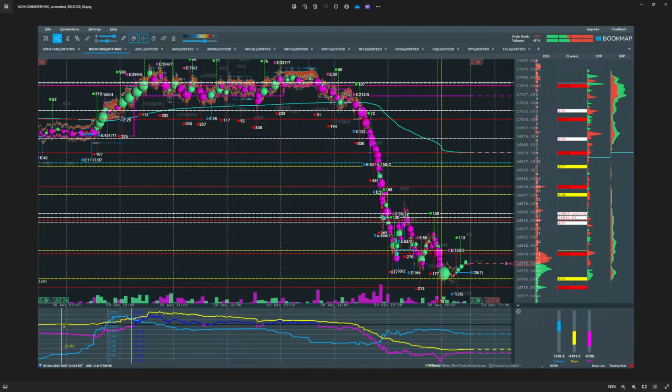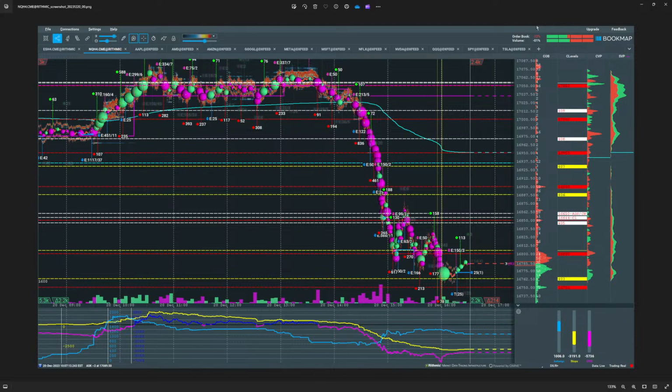All right, I also talked about yesterday, I don't have any screenshots, but again, the theme of the day was reaction to call walls. Netflix finding resistance at its 500 call wall, NVIDIA finding resistance at the 500 call wall, and Tesla finding resistance at the 260 call wall.